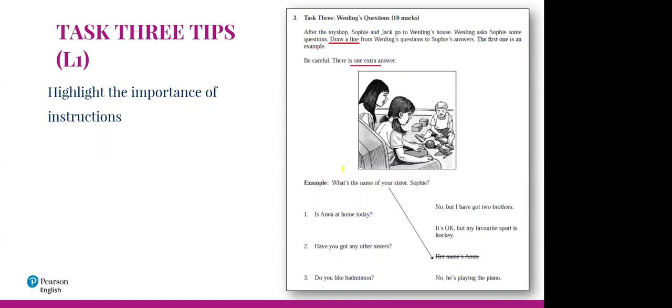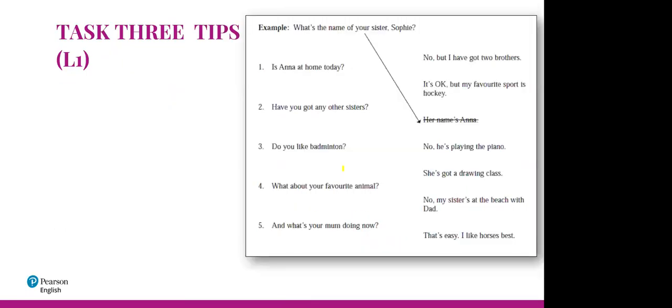And another crucial piece of information is that there is one extra answer, so they won't find a match for a matching question. Let's say for one answer, they don't have to worry about it because one answer is unmatched, we could say. So highlight the importance of instructions, teach them not to neglect it, teach them to focus on the instructions when they are approaching the task.